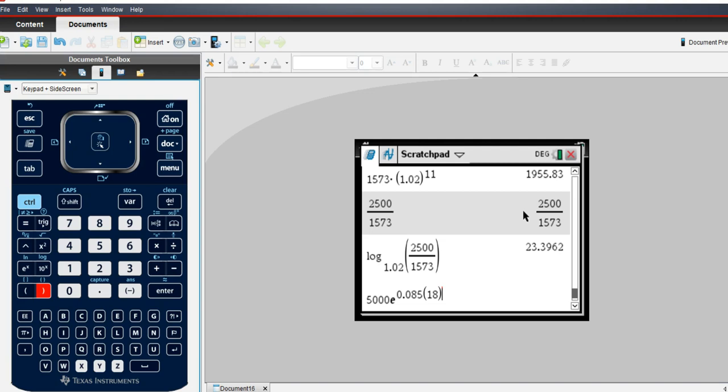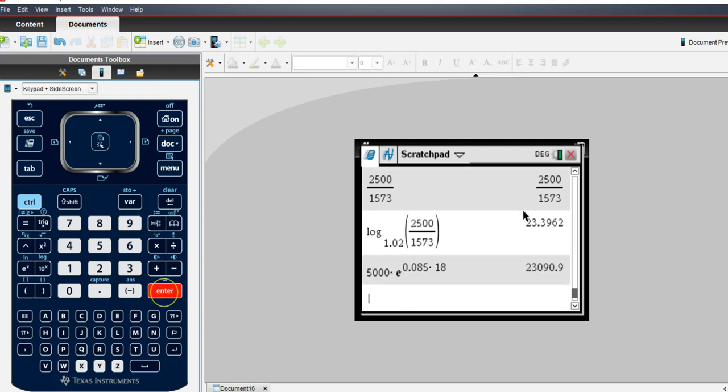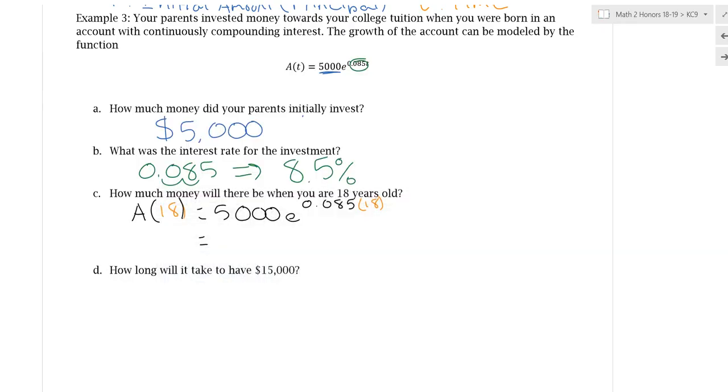Okay, so that t is up in the exponent. We hit enter, and in 18 years we're going to have $23,090 and 90 cents. Good chunk of money for college, right?